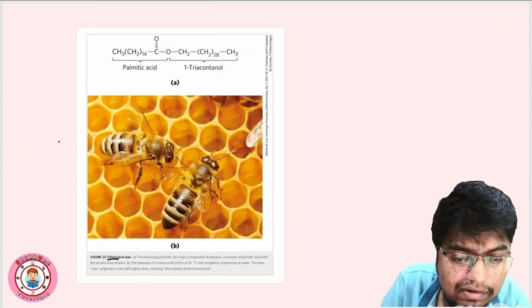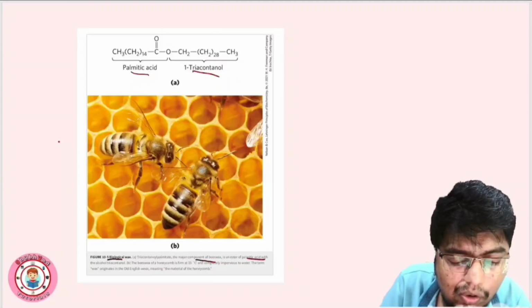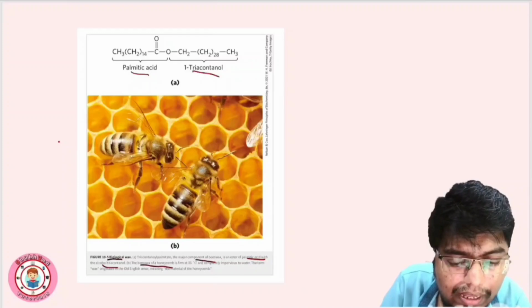This is the biological wax, triacontanyl palmitate, a major component of beeswax. Okay, a mixture of palmitic acid with the alcohol triacontanol. So again, this is an ester. The beeswax of honeycomb is firm at 25 degrees Celsius.